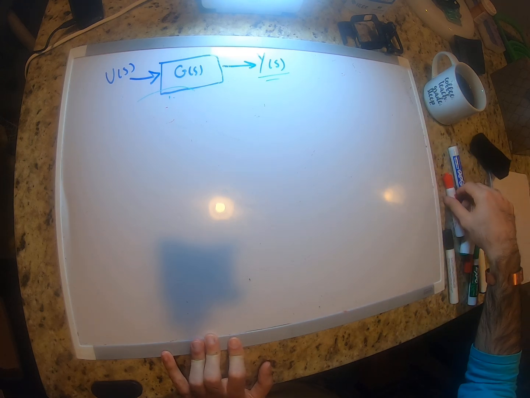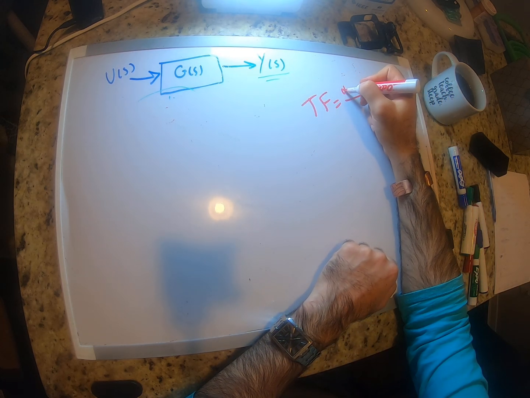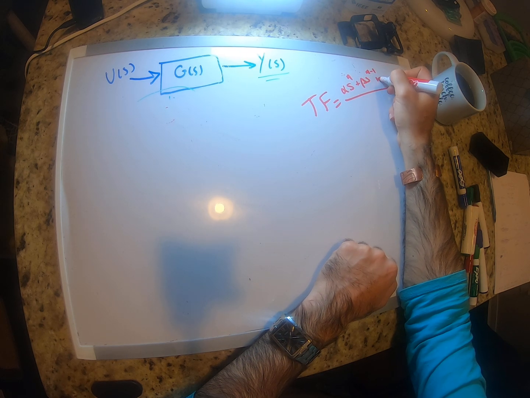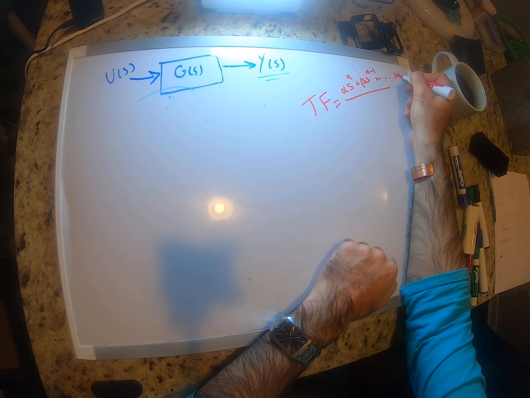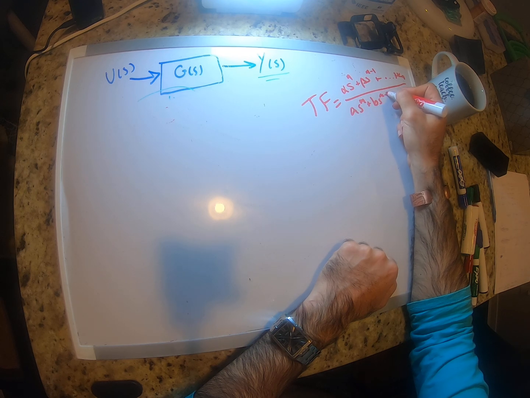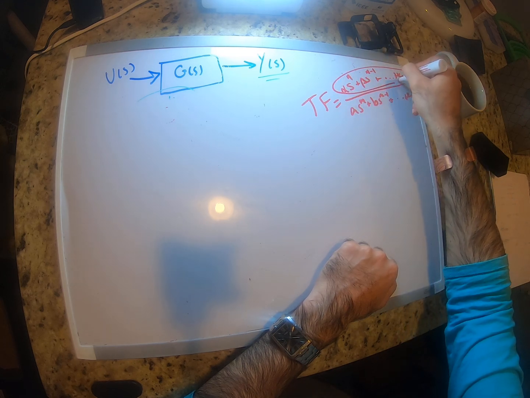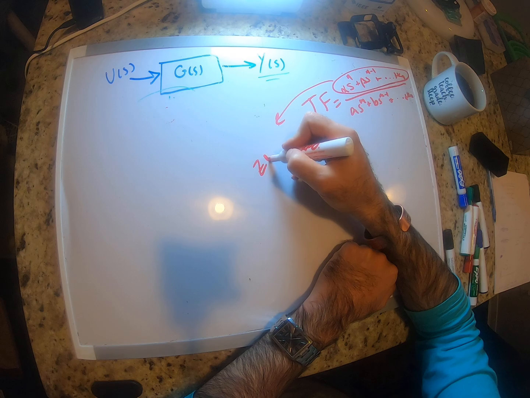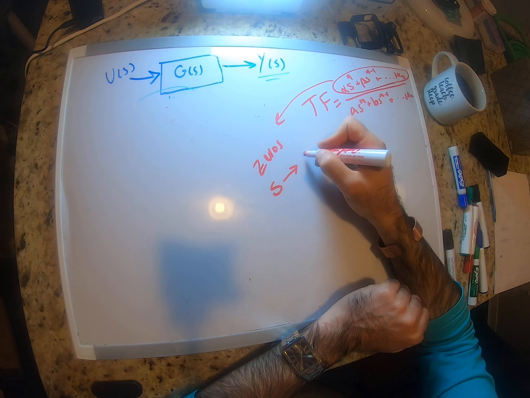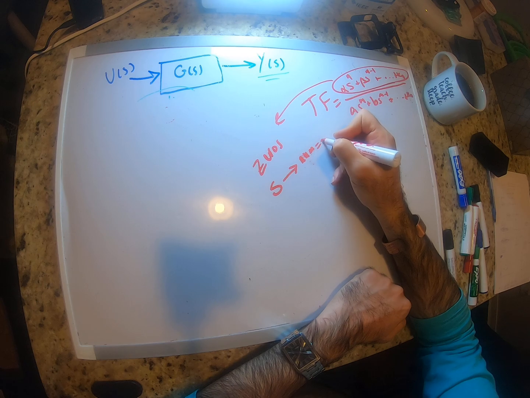First of all, when you have a transfer function, if it's the general form like alpha s to the power n plus beta s to the power n minus 1 plus and so on, over a s to the power m plus b s to the power m minus 1 plus and so on, zeros are the s values that make the numerator equal to 0.